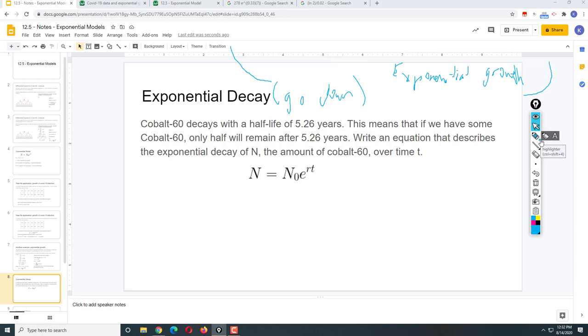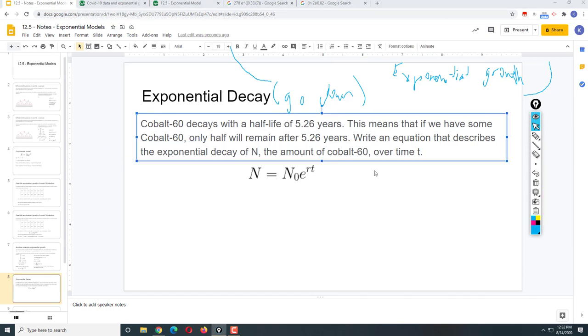Here's the example. Cobalt-60 decays with a half-life of 5.26 years. This means that if we have some cobalt-60, only half will remain after 5.26 years. We write an equation that describes the exponential decay of N, the amount of cobalt-60 over time.